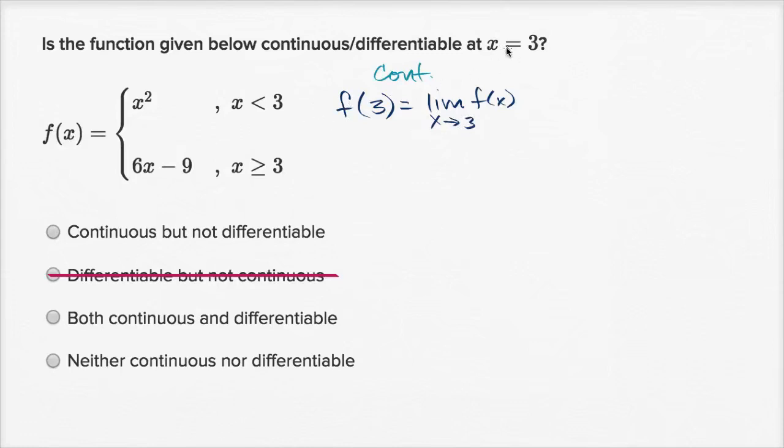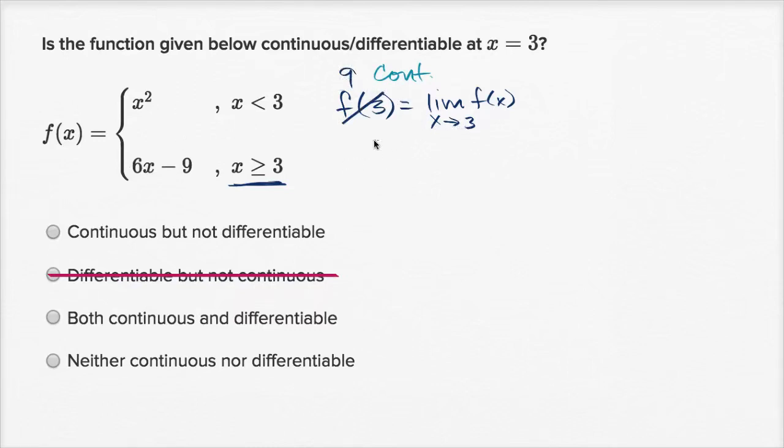Now, what is f of 3? We fall into this case right over here, because x is equal to 3. So 6 times 3 is 18, minus 9 is 9. So the limit of f of x as x approaches 3 needs to be equal to 9.